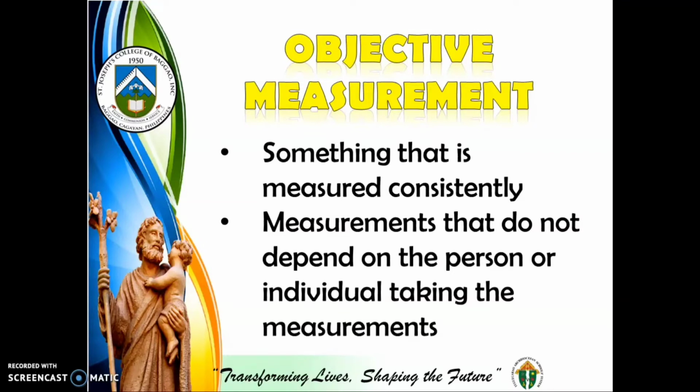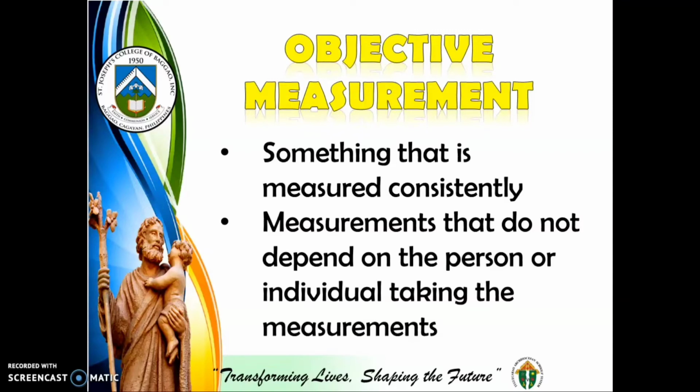It is defined as something that is measured consistently. These are measurements that do not depend on the person or individual taking the measurements. So it typically is the most stable measurement because it will produce the same outcome even if you repeat the process again and again.